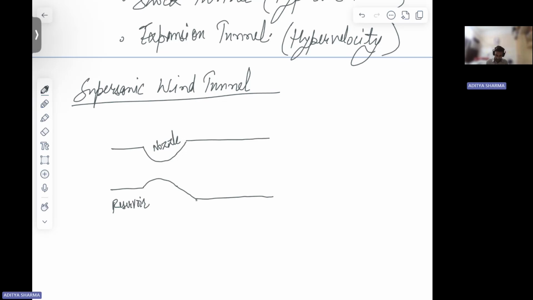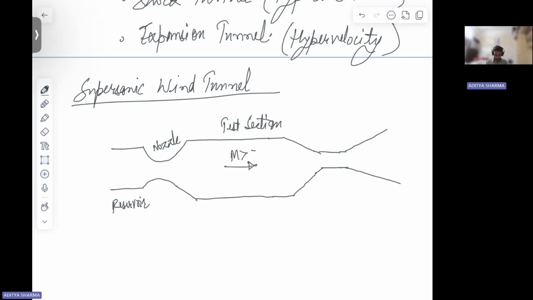Then comes your test section, where you will keep your aerodynamic model. The flow is moving in this direction.